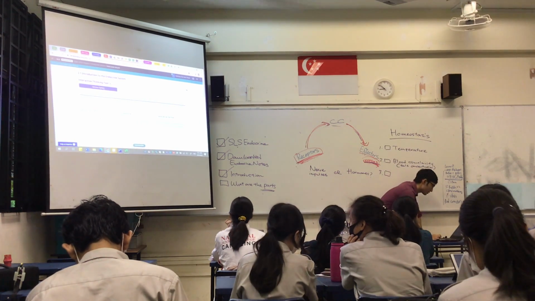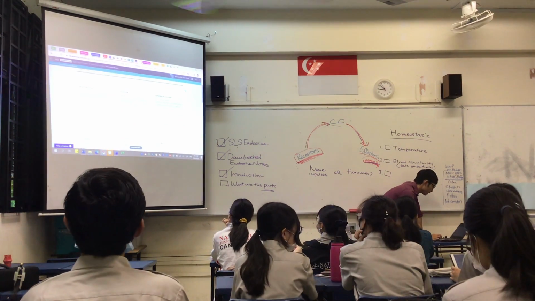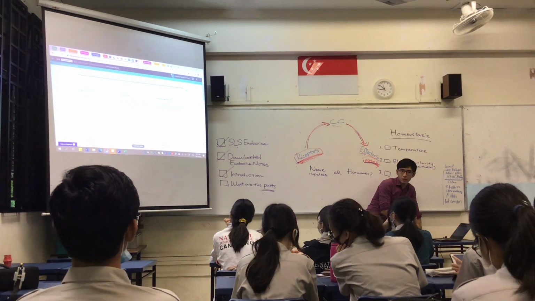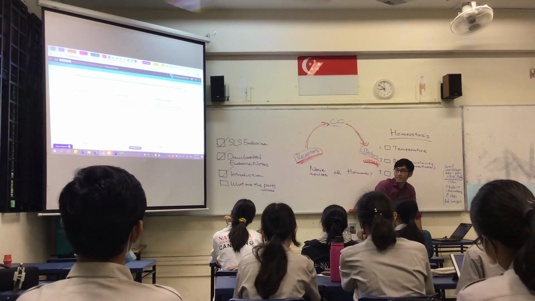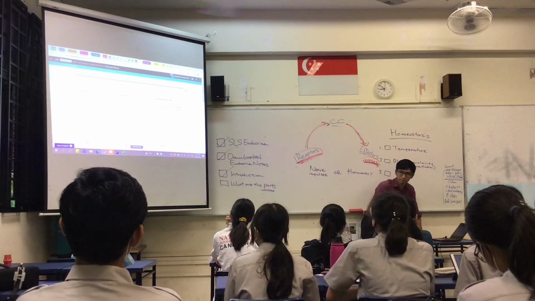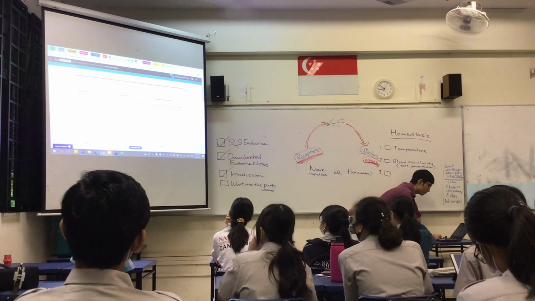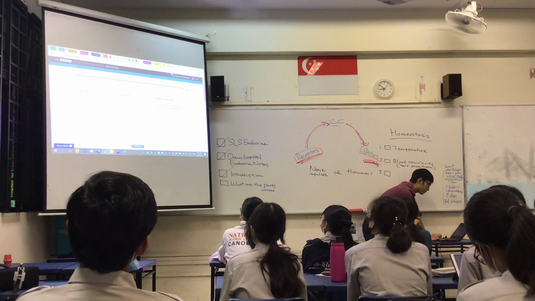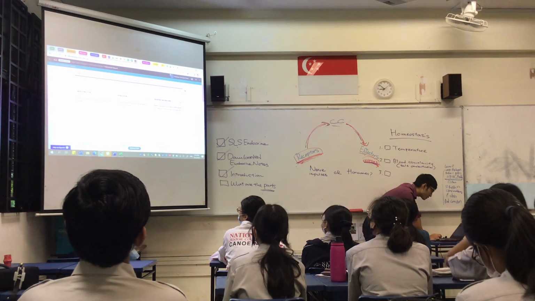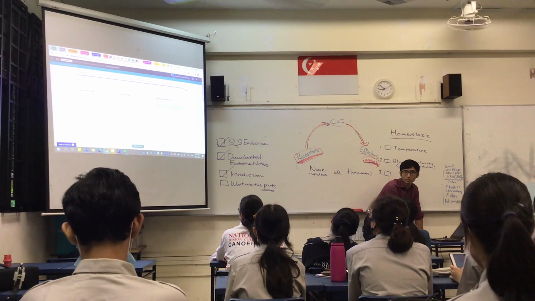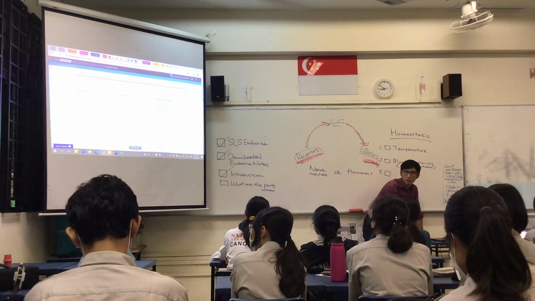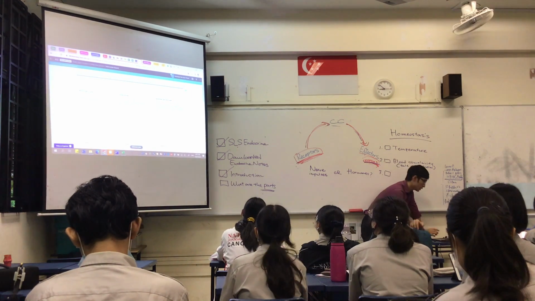Let's look at some of our friends' responses. Nicole says that nerve signals are used, so likely it's the nervous system. Sion says nerve impulses are used also. When nerve impulses are sent to the pituitary gland in the brain, it must be the nervous system being used.